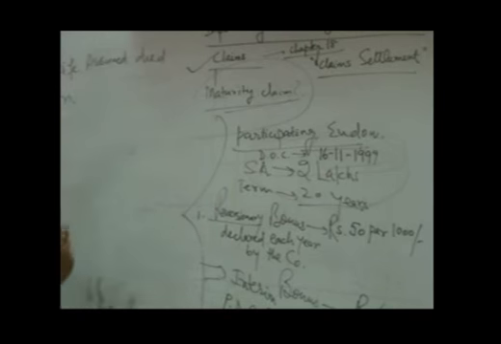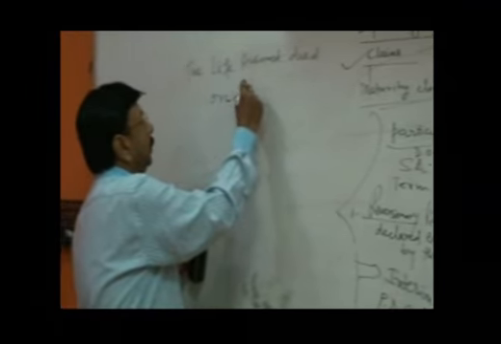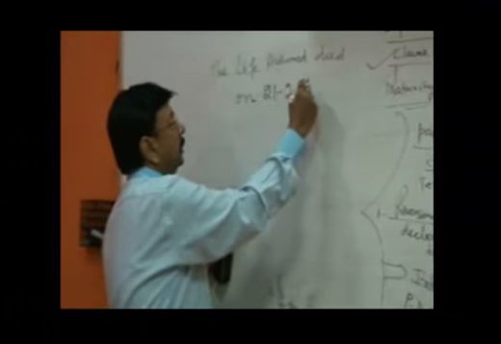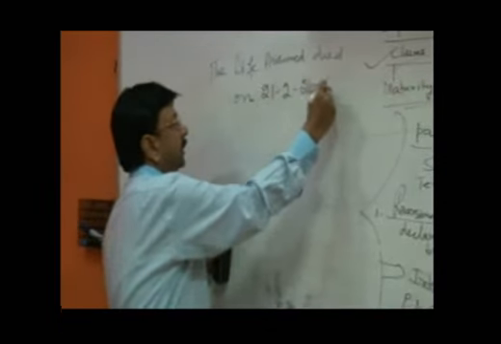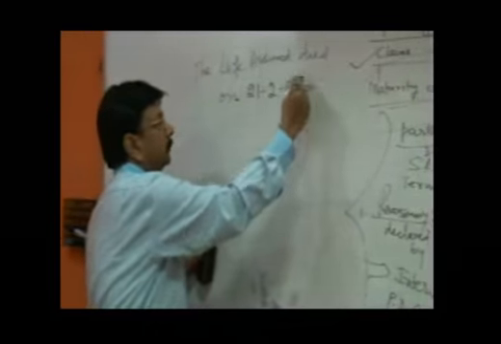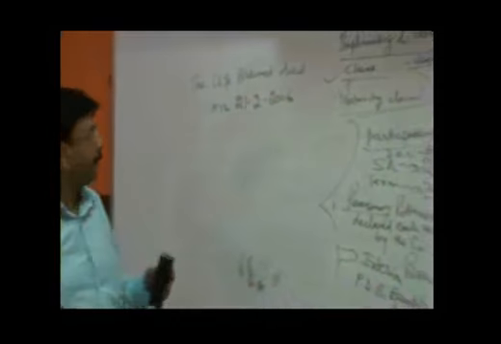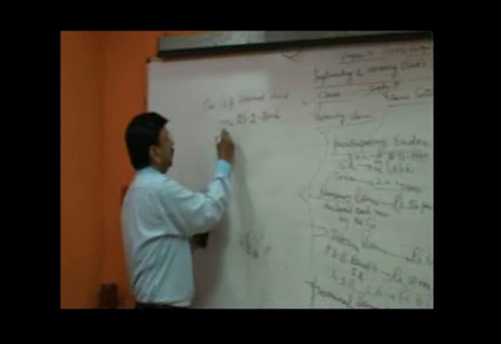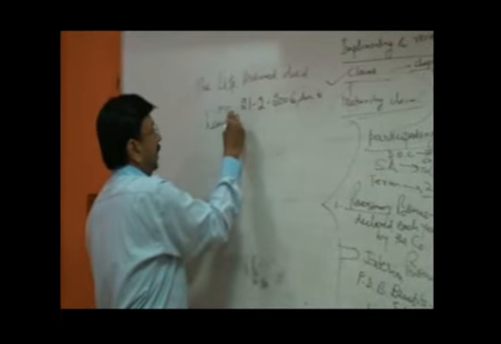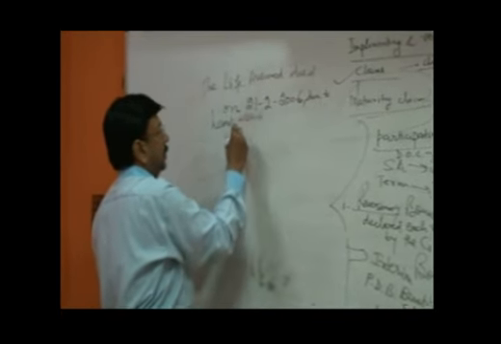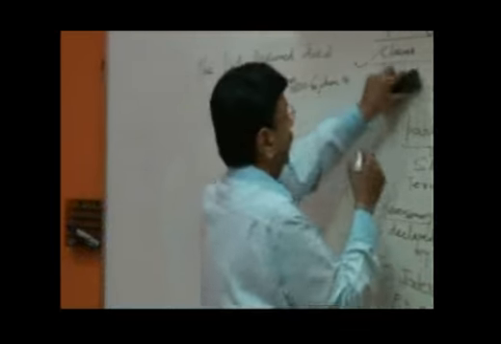Now they say that the life assured died on, say, 21st February 2006, due to heart attack. Calculate the death claim in this case.